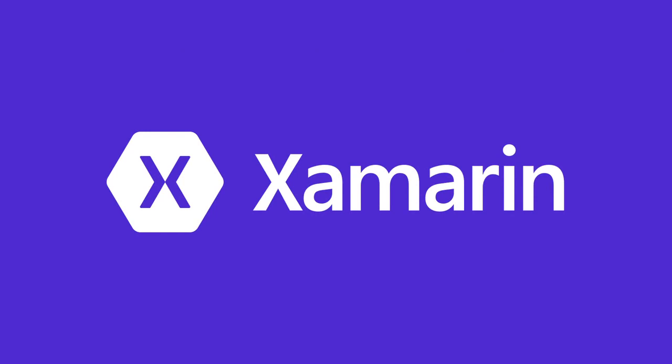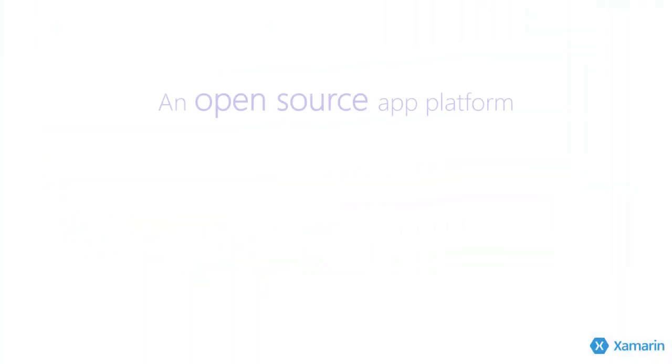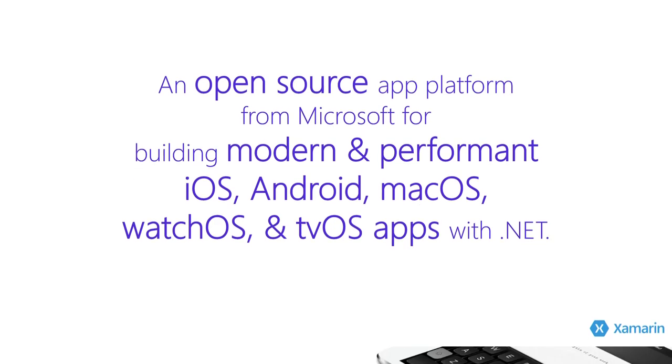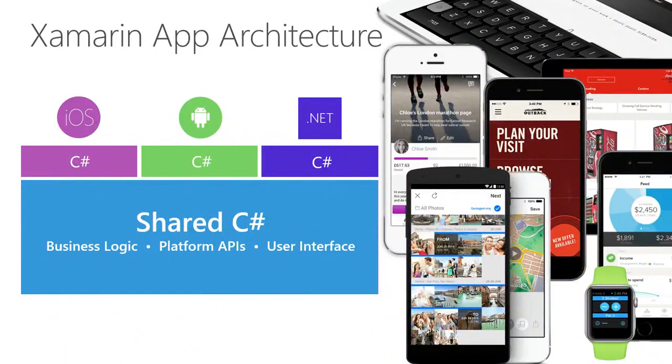Now on the mobile side of things, that's where Xamarin comes in. Xamarin is an open source app platform from Microsoft that's going to enable you to build modern and performant iOS, Android, macOS, watchOS, and tvOS applications, all with C#. And how this works is we enable you to build a shared C# backend for all of your applications, and then access 100% of the native UI and native APIs for any of those platforms.